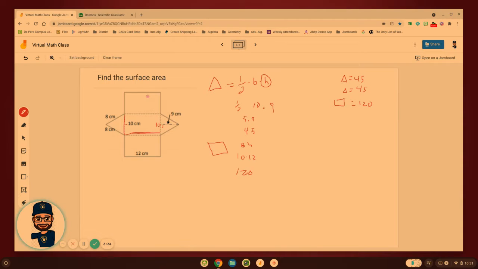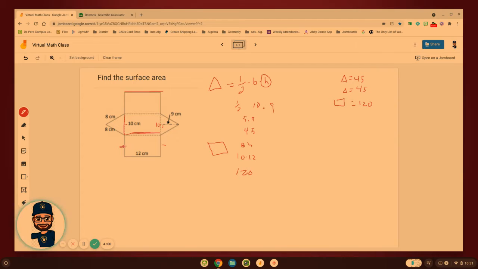The other two rectangles are a little different, right? We know that these longer stretches here are 12. It's labeled down here, it's 12. But we've got to figure out what is the height. It's not labeled on those two. This is where you've got to imagine the net gets folded up. This corner comes up to here, and this one leans against it.